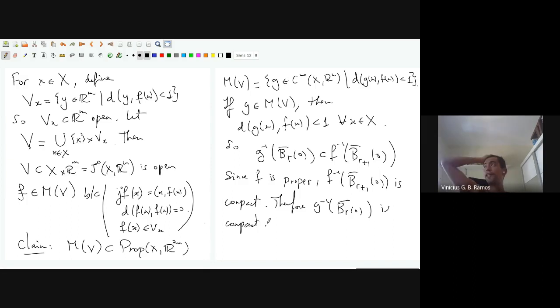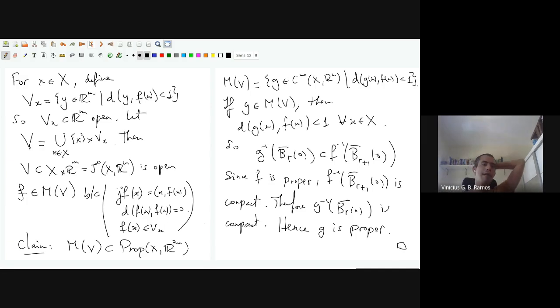If you want to check that a function into Rn is proper, you just need to take pre-images of closed balls, because every compact set is contained in a closed ball. So that's enough, and hence G is proper. Okay, and that's it.